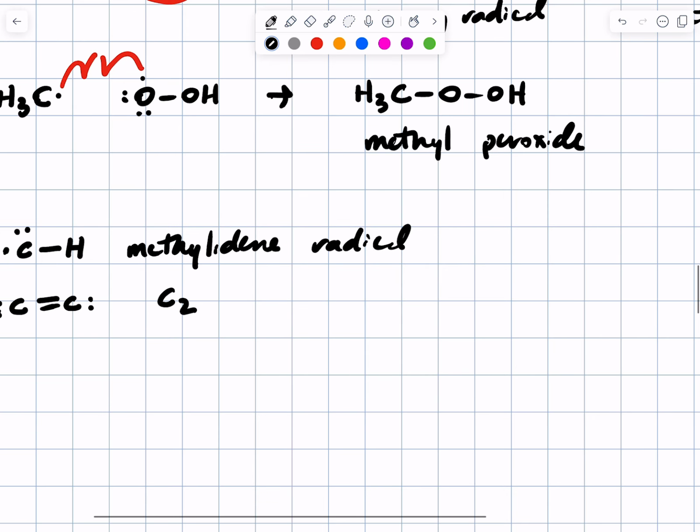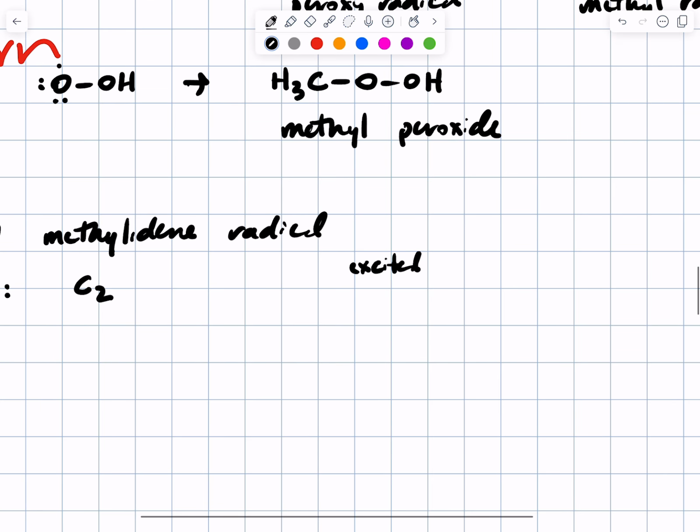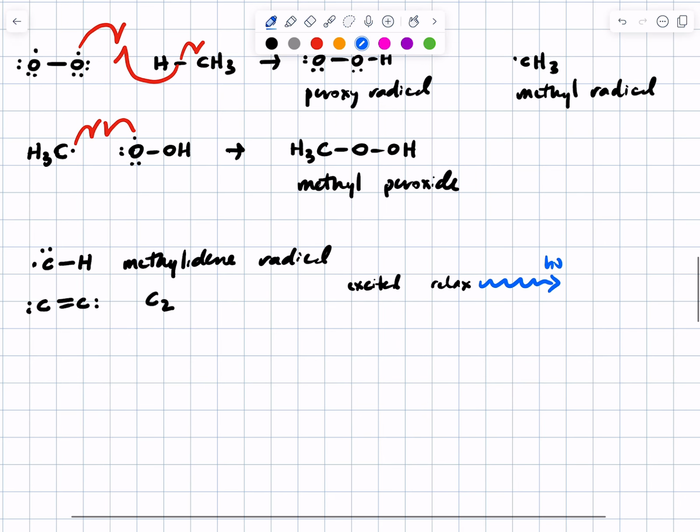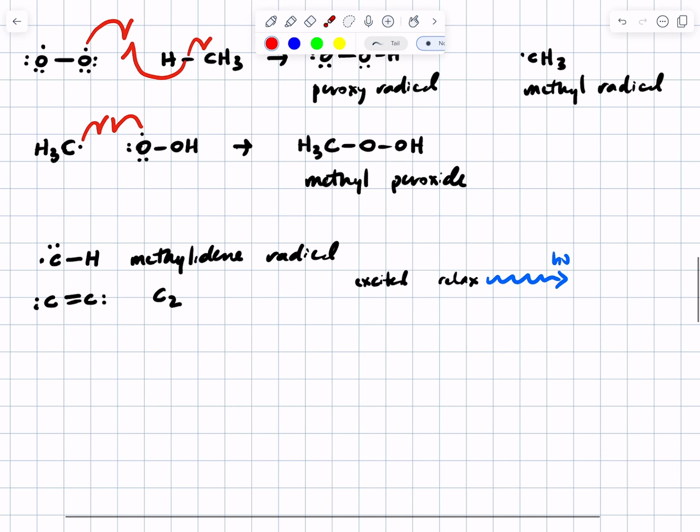Both of these get excited by the heat, and then they relax, and when they relax, they shoot off a photon of blue light. So when you see a blue flame, you're literally seeing methionine radical and C2 being excited and then giving off light.